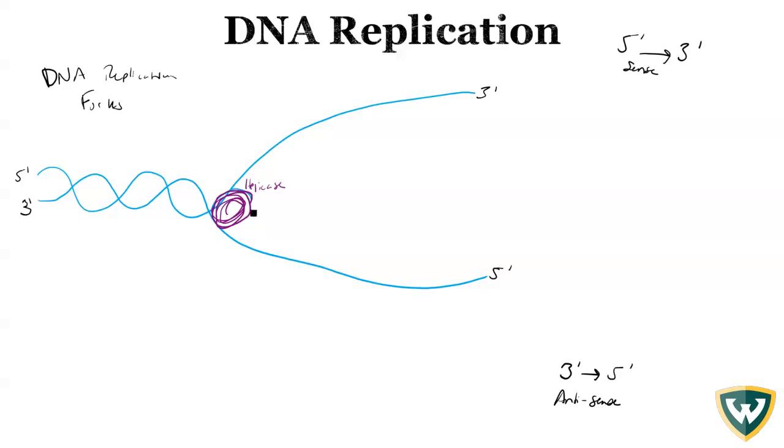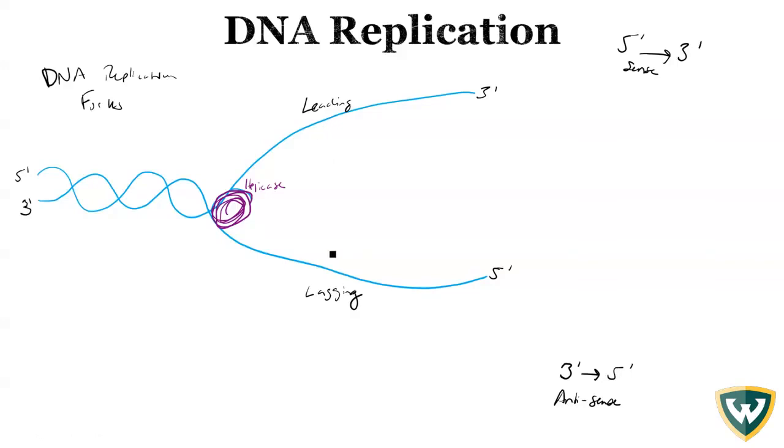This is the actual protein that unwinds DNA and creates the fork, the DNA replication fork that we're talking about. And so it unwinds it, and you end up having a leading strand up here and a lagging strand here.